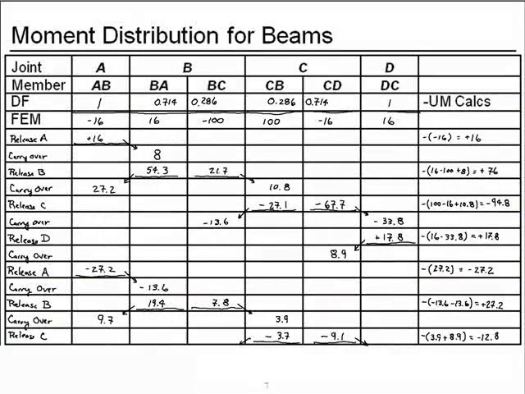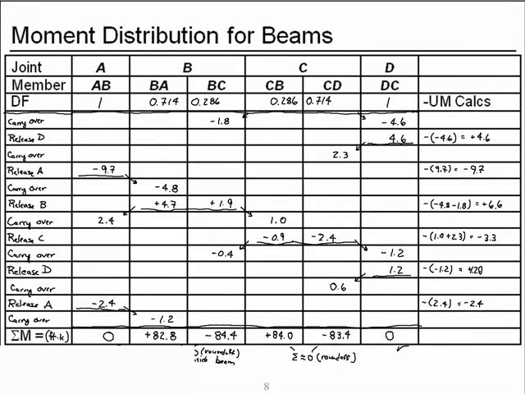We created a worksheet where we input our distribution factors, fixed end moments, and then we began releasing the nodes one at a time, and as we reclamped each node, we calculated the carryover factor. We repeated the process until we felt like the unbalanced moment at each node was sufficiently small that we could stop.